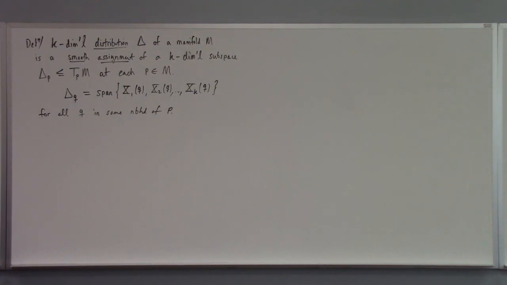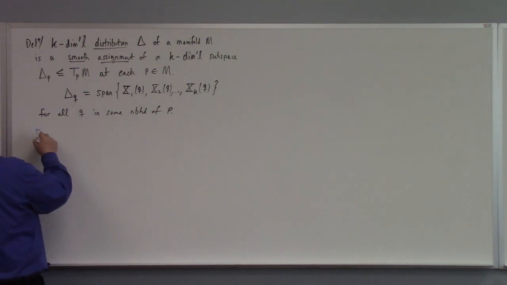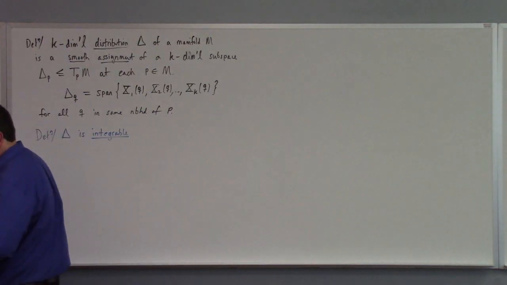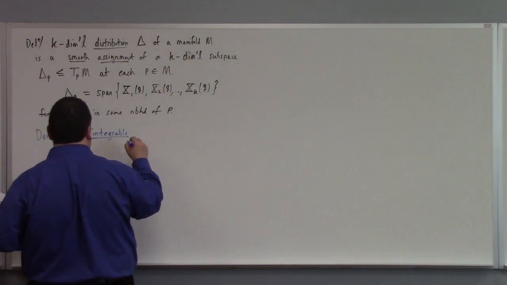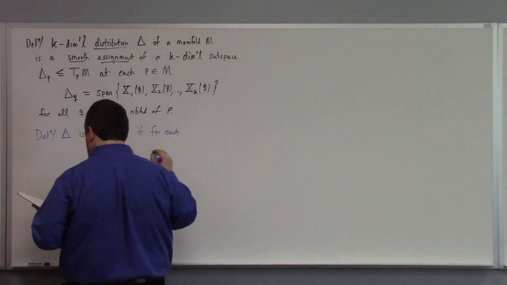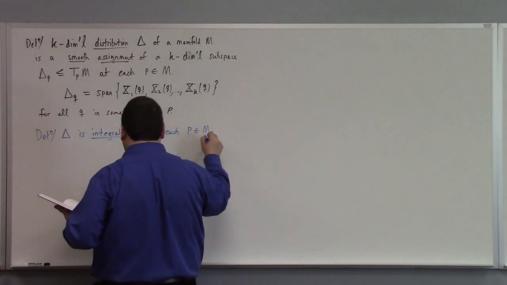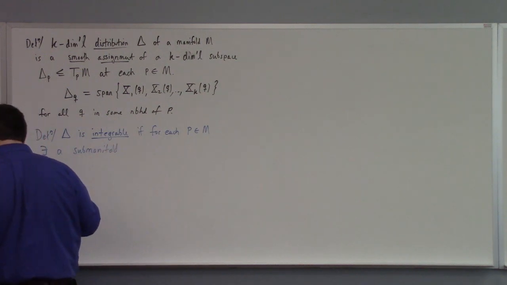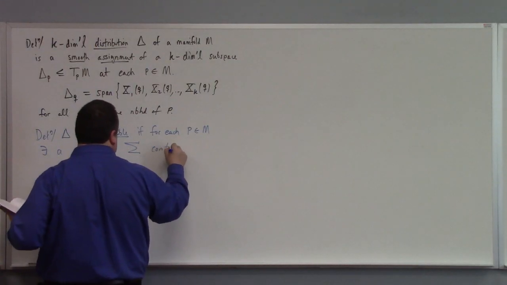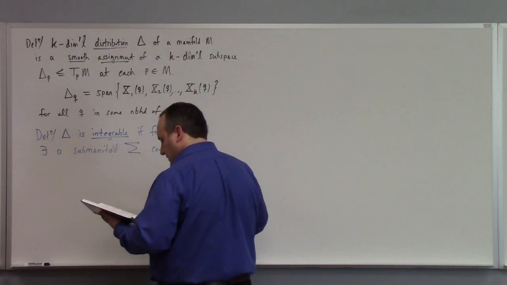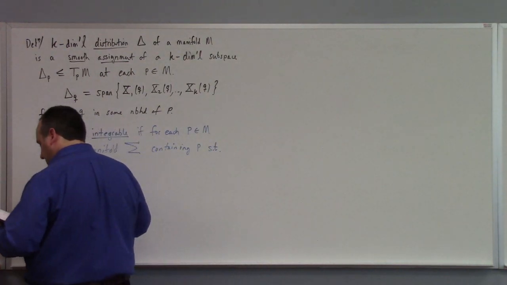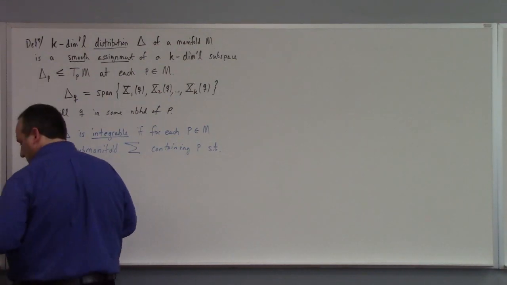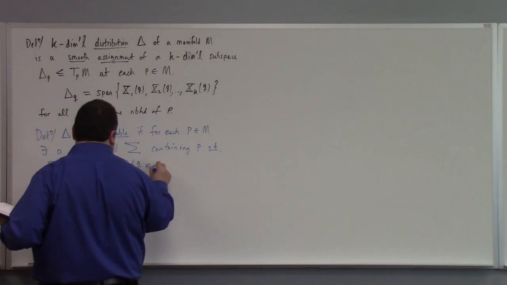So, definition: the distribution is integrable if for each P in M there exists a submanifold sigma containing P such that the tangent space to sigma at Q is equal to the distribution at Q for all Q in sigma.